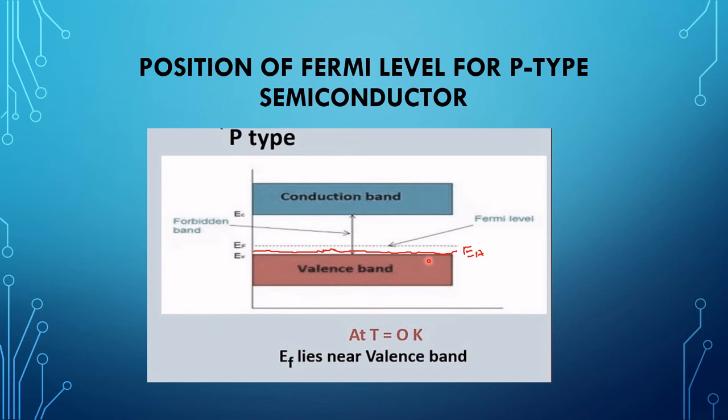But for p-type semiconductor, when excess doping is done, the Fermi level moves toward the valence band, and near the valence band edge the acceptor level lies, and near this the Fermi level also lies. So the Fermi level is closer to the valence band for p-type semiconductor at 0 Kelvin. This is the position of Fermi level for p-type semiconductor material.